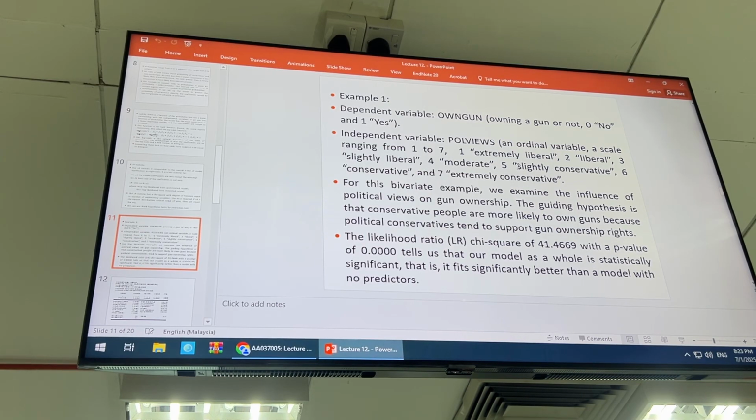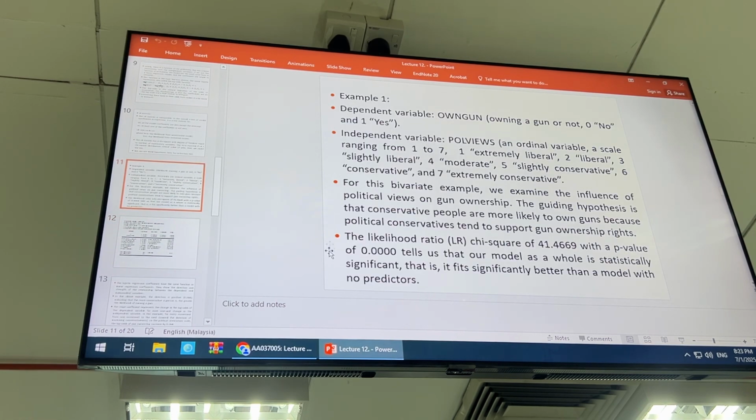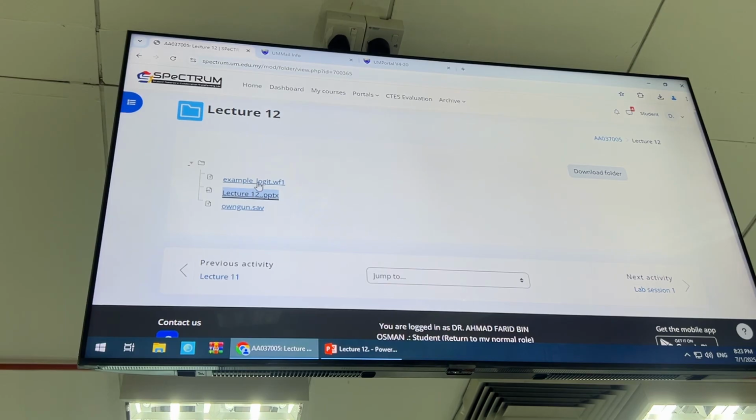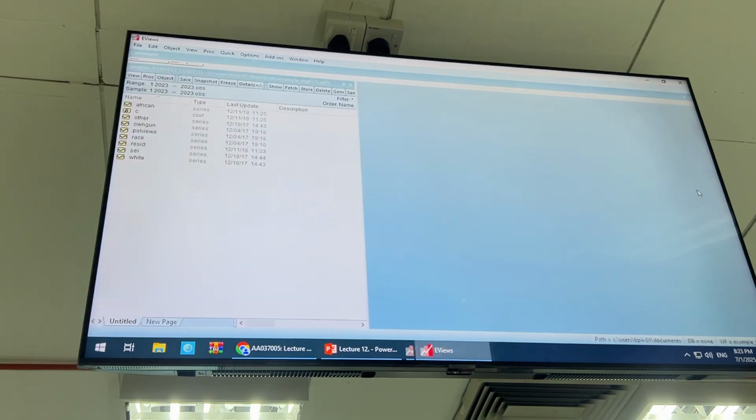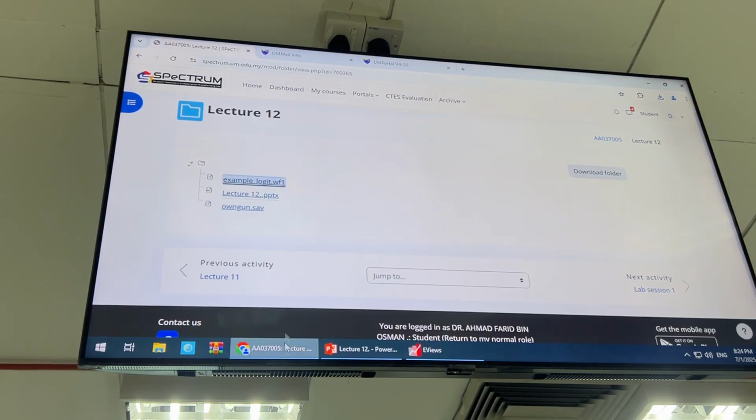To get that result, you open this data example of this equation. The original data is given in the SPSS data file.